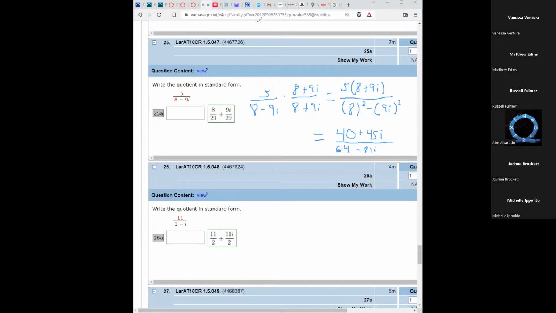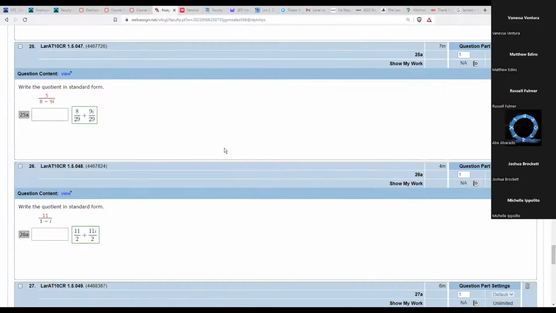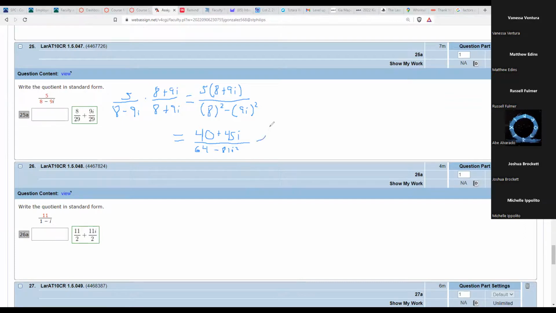But Aaron, isn't the I supposed to be negative? Isn't it, when the I is squared, like negative 1? Yeah, this is squared right here. I was trying to fix this. All right, so you guys good up to here? I did some multiplication, we got to there.